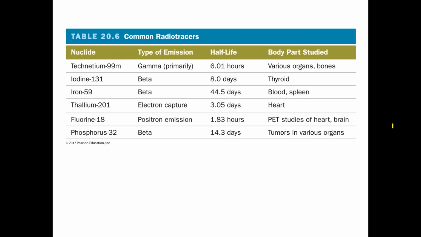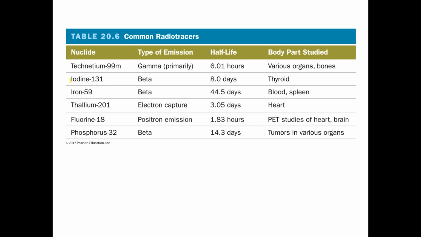The other application that is interesting in terms of radioisotopes is that we can take advantage of how easily they can be detected, and also how there are certain substances that have specific affinities for, or compositions that include, these isotopes, and it allows us to use them as what we call radiotracers.